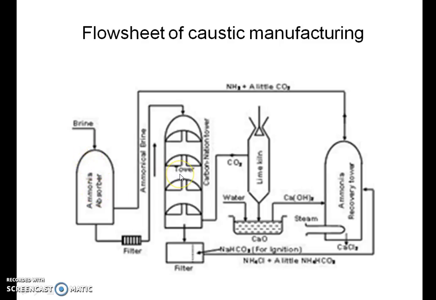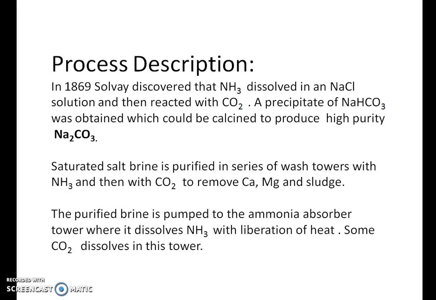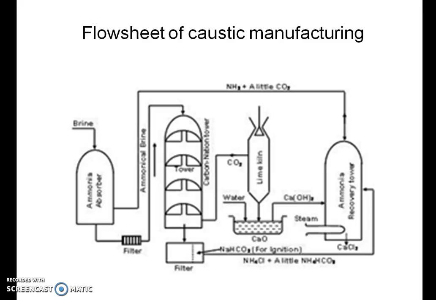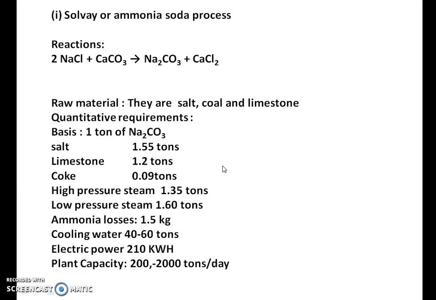In the second tower, this initial reaction with added CO2 gives you ammonium bicarbonate, which is the main product. After this, you decompose this ammonium bicarbonate to get sodium carbonate.